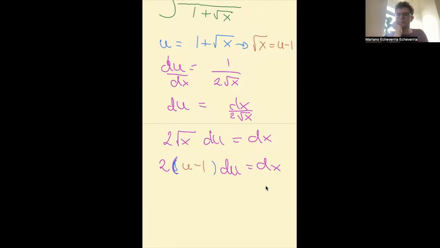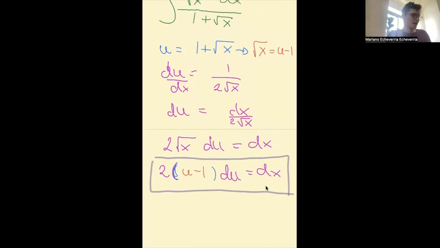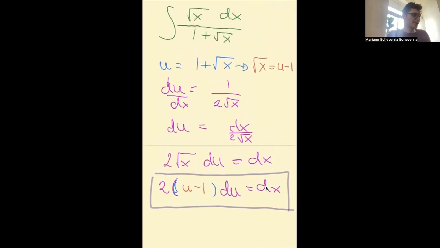Is that making sense? This one is kind of confusing, but is that okay? So again, the goal is to always write everything in terms of u. What I did was, the fact that u is given in terms of root of x allows me to also give root of x in terms of u. That's what needs to be done so that dx can be given all in terms of u.